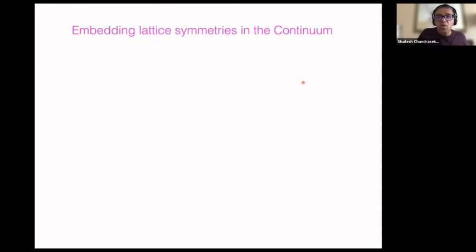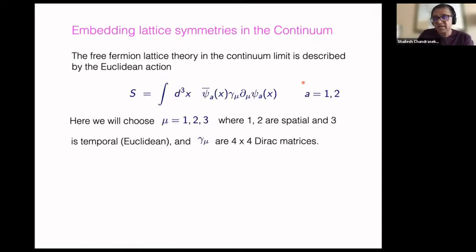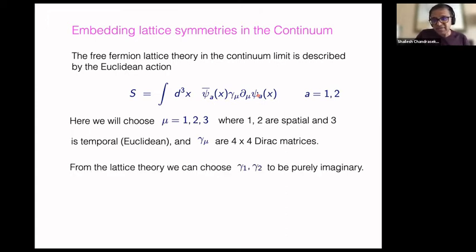So then we wanted to understand how one can embed these lattice symmetries in the continuum. And this is where Hanqing's insight came in. He looked at the free fermion in the continuum with two flavors. This is something that I had known for many, many years, has a U2NF symmetry, which is what I had learned. But then we realized that on the lattice, if you think about how this comes about, here, for example, I'm choosing 1, 2, 3. 1 and 2 will be spatial, 3 will be temporal, the Euclidean time.